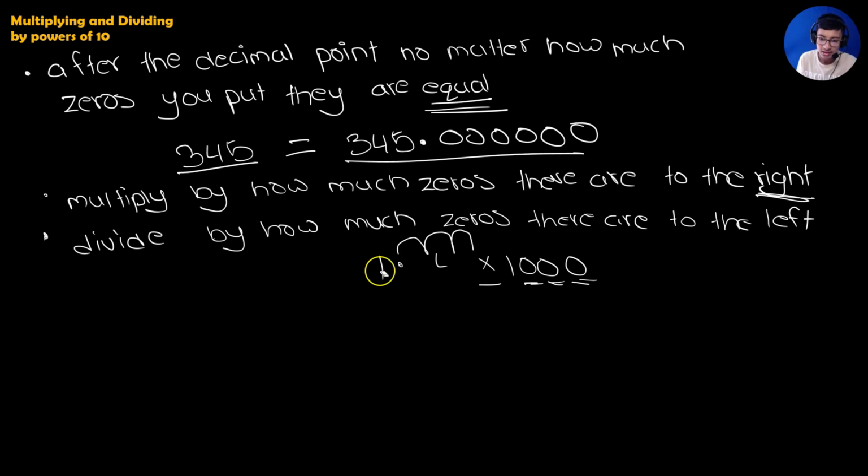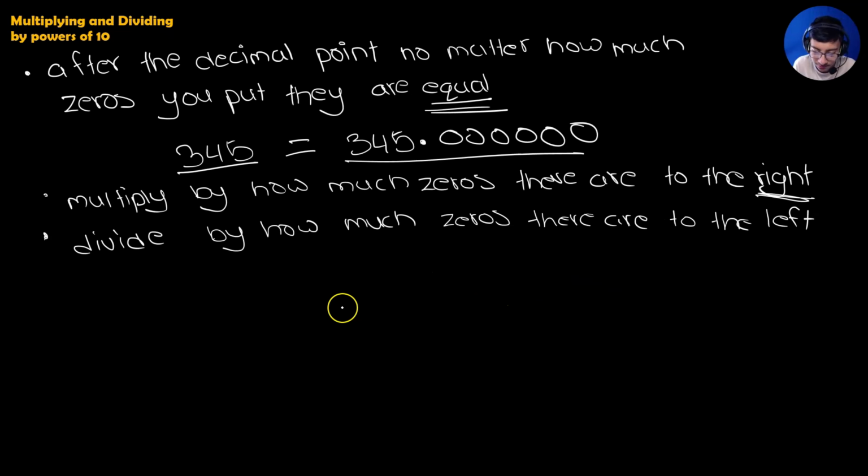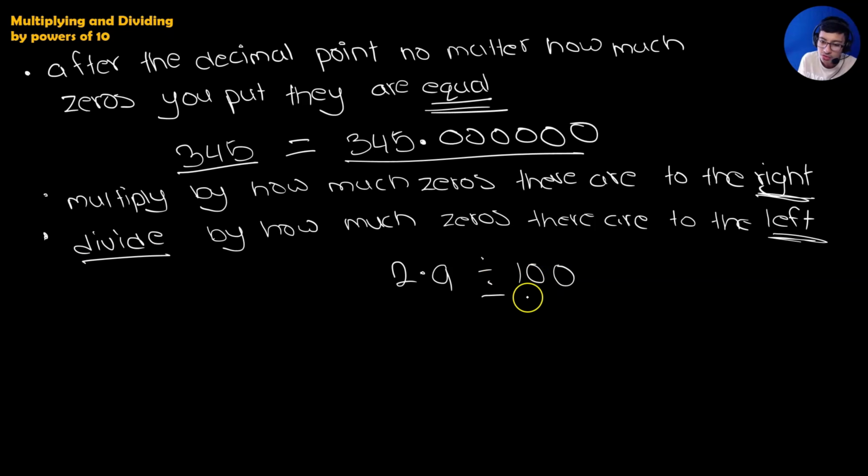So now let's try it with division. So if we have 2.9 divided by 100. Here we know it's a division sign, so we go to the left, and by how much?